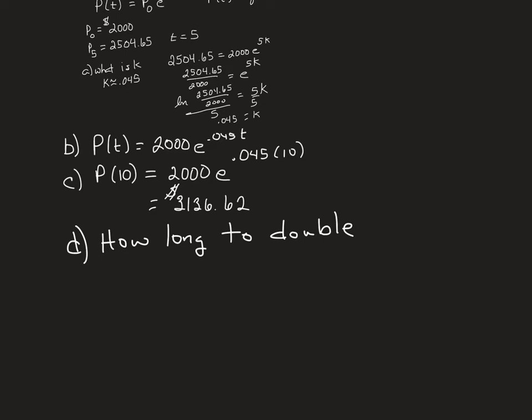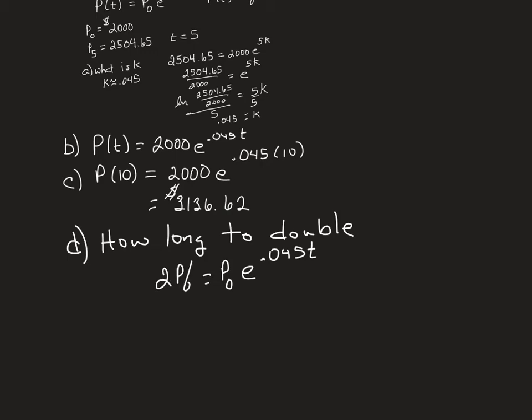Okay, just like we did on the previous problem, we want to find out how long it's going to take this to double. So if we think about doubling this, remember, if our initial population, I'm just going to use population at 0, times e to the 0.045t, and then twice the population at 0.